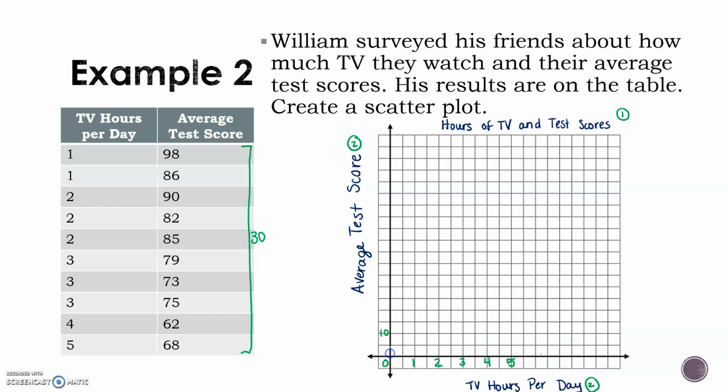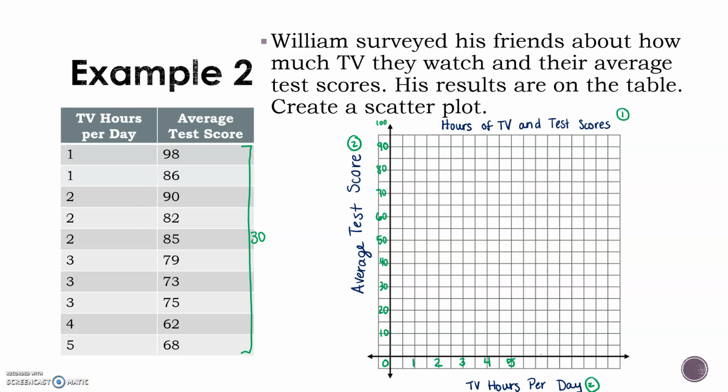So from here to here is 5, and then 10, 15, 20, 25, 30, 35, 40, 45, 50, 55, 60, 65, 70, 75, 80, 85, 90, 95, and then 100 would actually be up here off the graph, and that's okay.